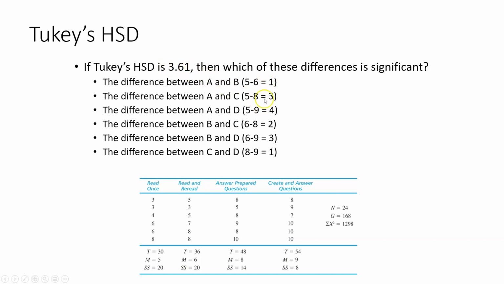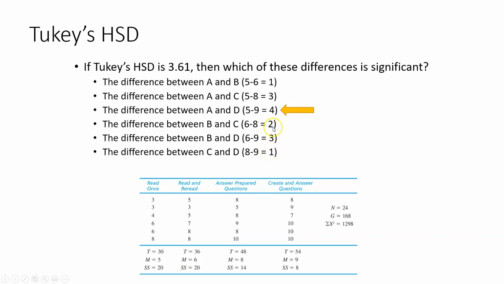You should notice that only one of these is larger than 3.61, so that is the only mean difference, 9 compared to 5, that's actually significantly different from each other. All the rest of these are not different from each other.